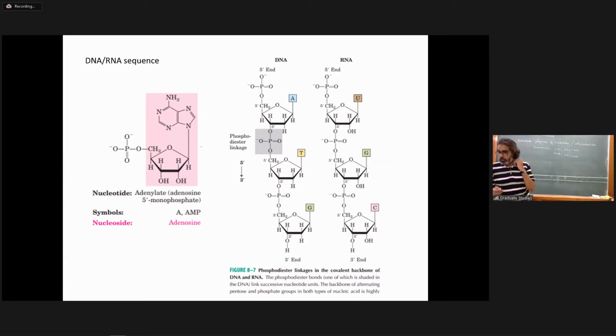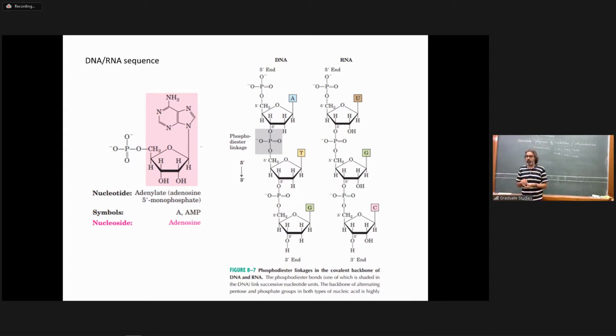Now, to begin with, on the board, let's say first you already have the A nucleotide. Now you have to attach G, the guanosine nucleotide. So where do you attach it on AMP? You attach at the C3 prime, where there is a hydroxyl group.